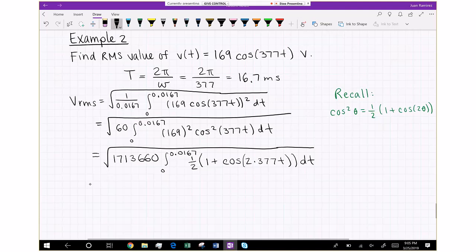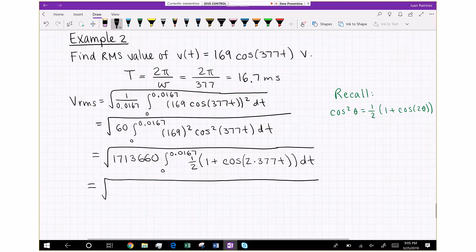Okay. And we continue to elaborate. I'm going to distribute, or rather multiply the 1,713,660 by the half to get rid of that. And then I'll split up the 1 and the cosine of 2 times 377t.